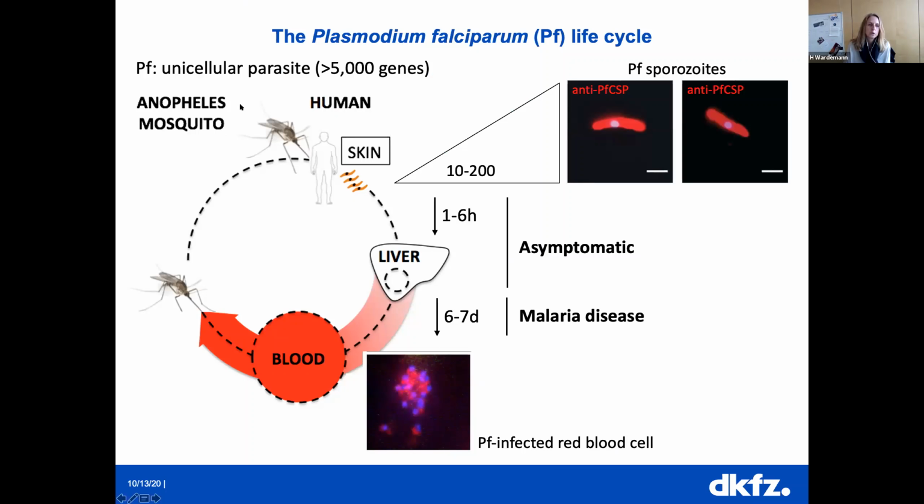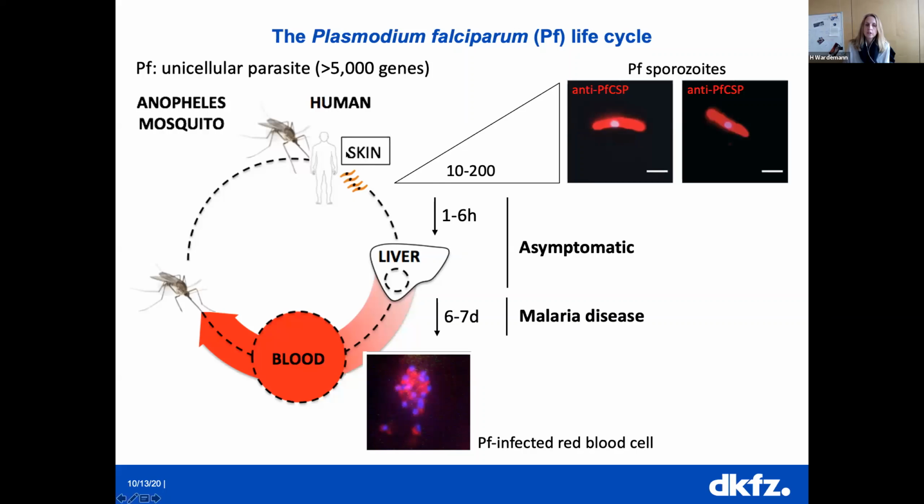It's transmitted to humans through the bite of infected Anopheles mosquitoes, which inject a very small number of the so-called sporozoites, this stage of the parasite that's depicted here, into the human skin. Around 10 to at maximum 200 sporozoites are injected.